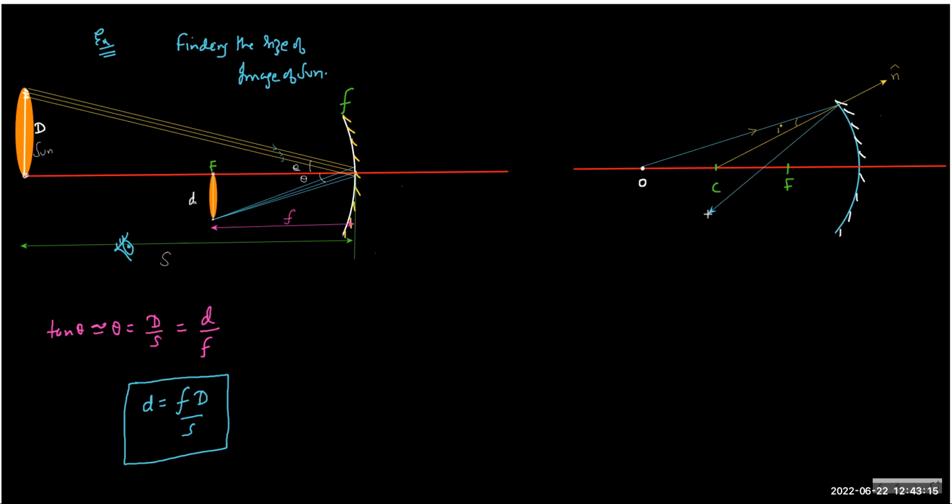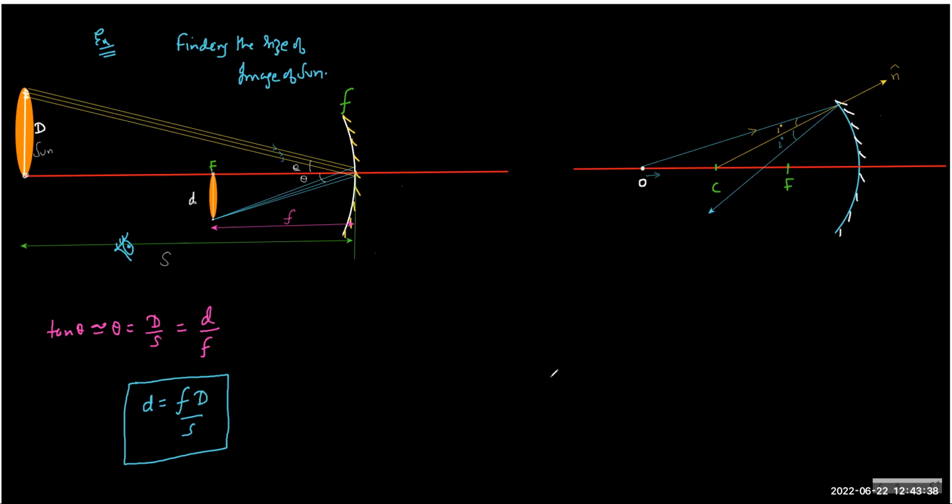Yes. Now you can animate this image in your brain. How can you animate it? As O approaches C, this reflected ray will come closer to which point, C or F? As O approaches C, i will decrease.